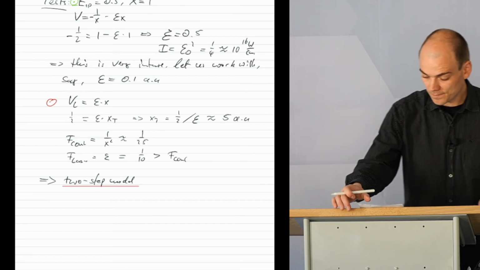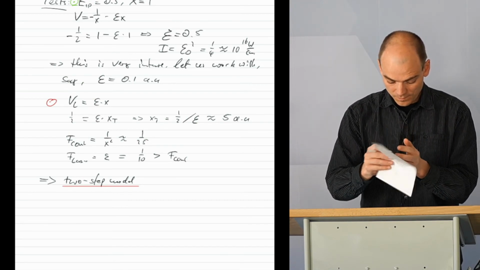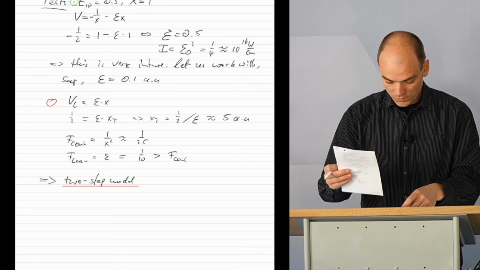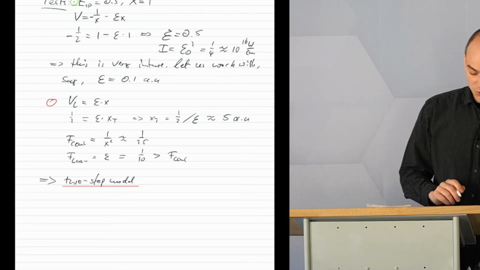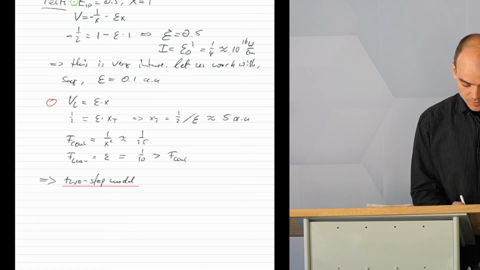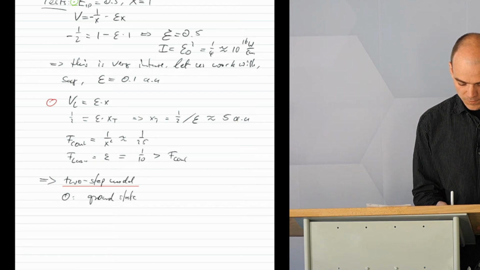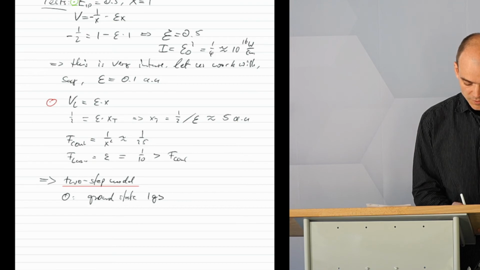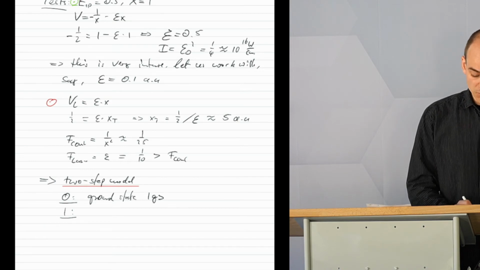Step 0 would be the electron starts from the ground state G. Then step 1: the electron tunnels through the laser suppressed barrier.